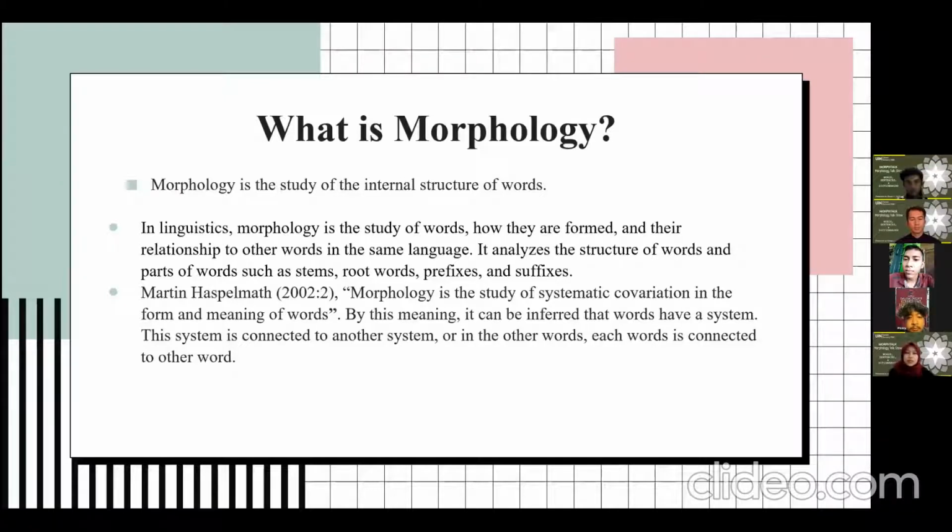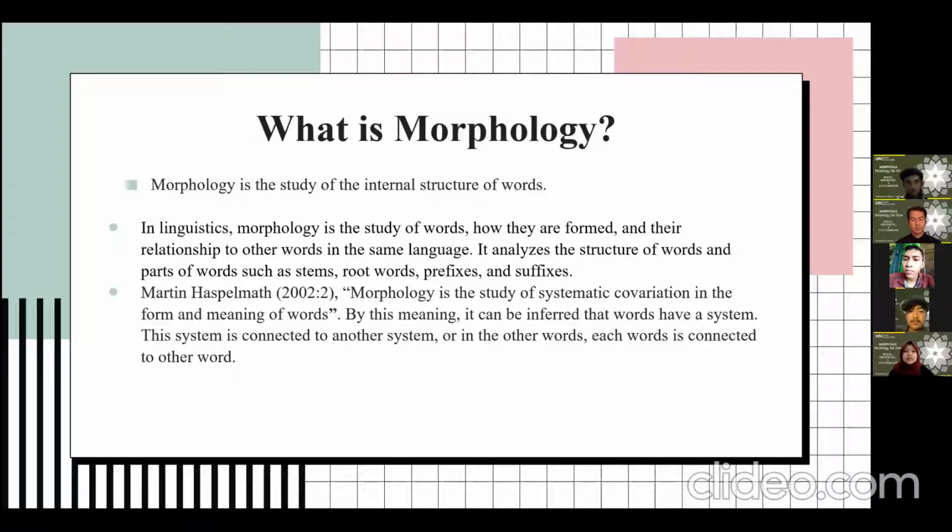First, what is morphology? As you can see here, morphology is the study of the internal structure of words. There are some definitions about morphology, but I took two references here. First, in linguistics, morphology is the study of words, how they are formed, and their relationship to other words in the same language. It analyzes the structure of words and parts of words such as stems, root words, prefixes, and suffixes.